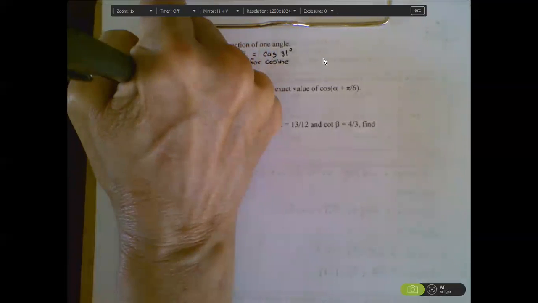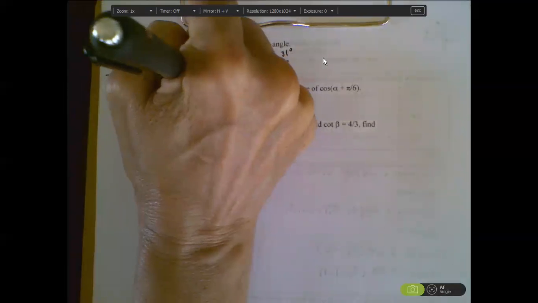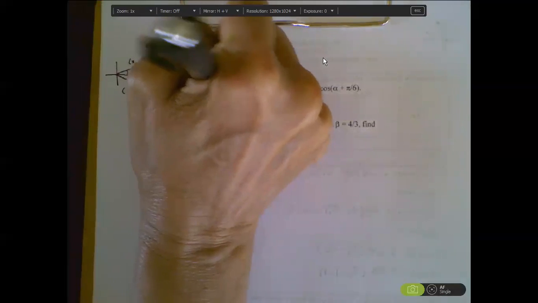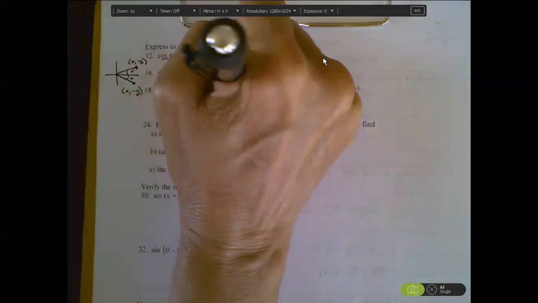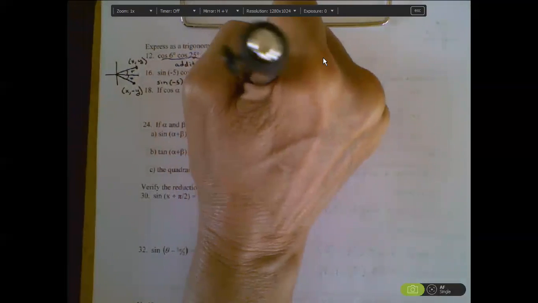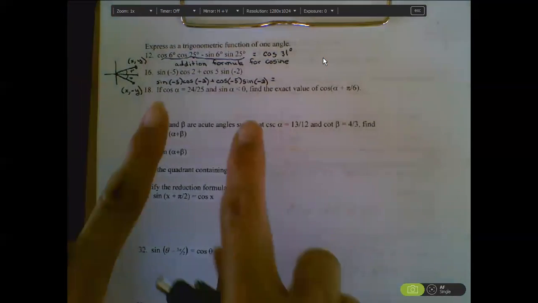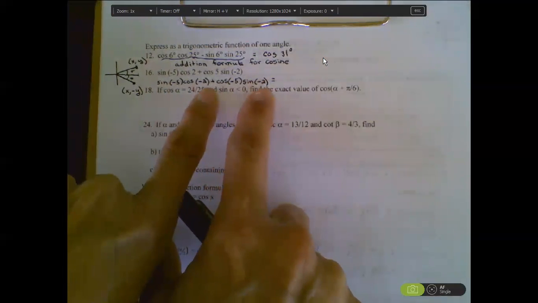If I did that, then I would have negative 5 in both terms and negative 2 in both terms.